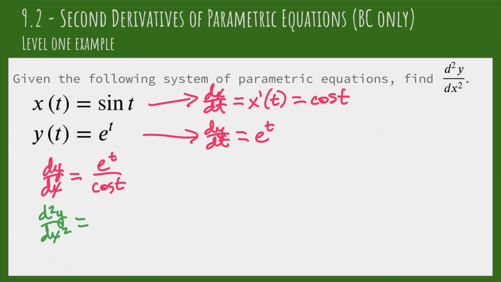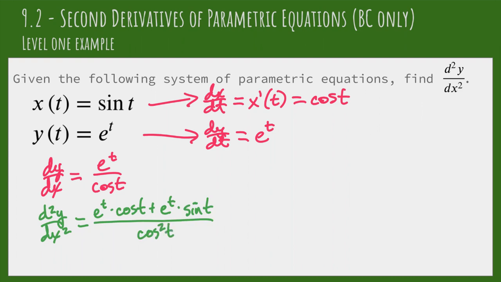But to take the derivative with respect to t, we're going to have to use the quotient rule. So it's going to be the derivative of the top times the bottom minus the top times the derivative of the bottom. Derivative of cosine is negative sine. So I'm going to just change that to a plus, and then all over the bottom squared.